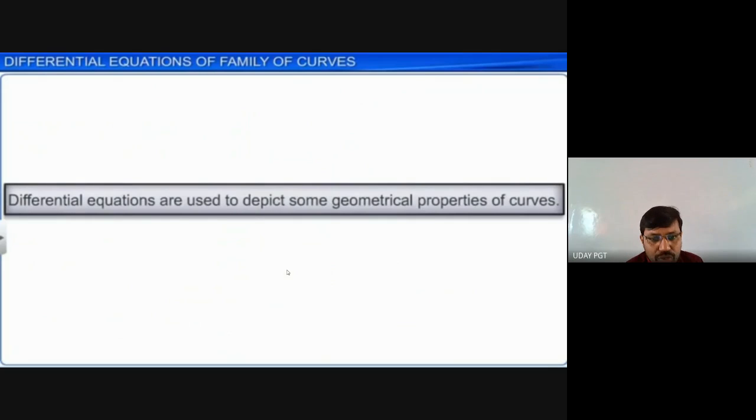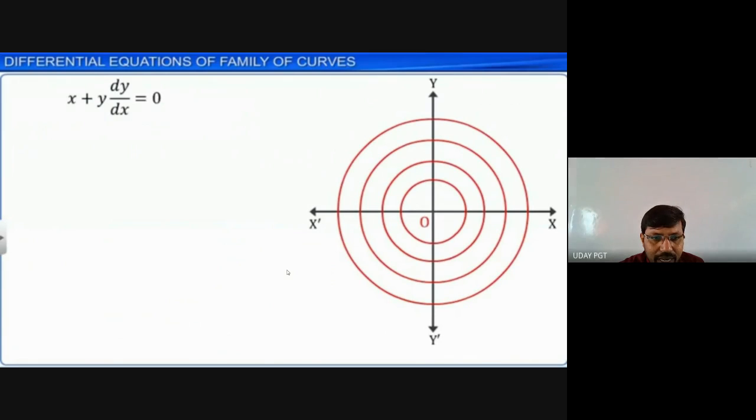Differential equations are used to depict some geometrical properties of curves. When you take x plus dy by dx equal to 0 here, we call it a family of curves.